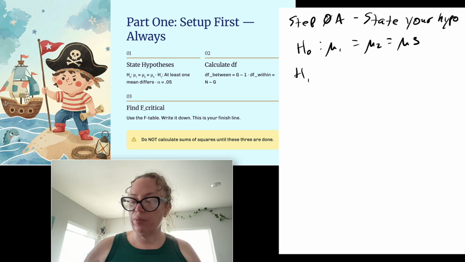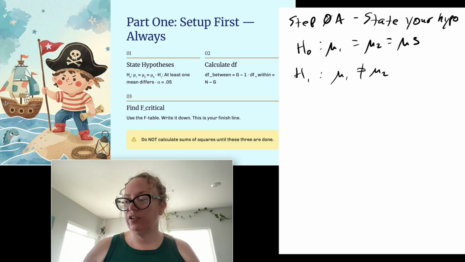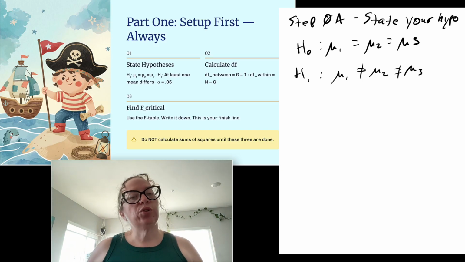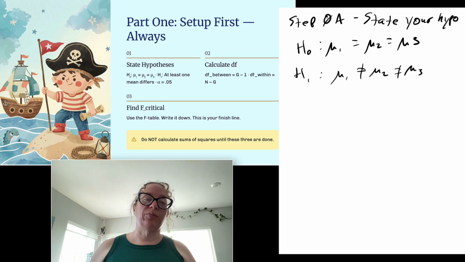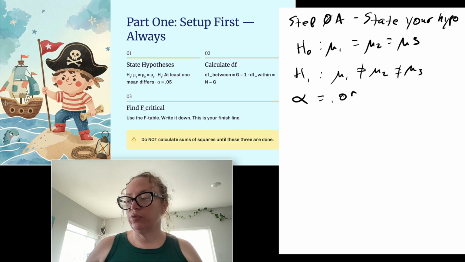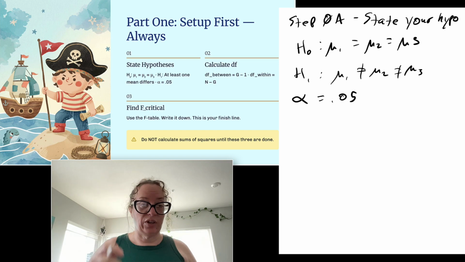And then the alternative hypothesis is at least 1 is different. There's going to be a difference in maybe 1 or maybe all of them. At least 1 is going to be not equal. You don't know which group or in what direction, only that something is different. And then you have to figure out your alpha, but in this class, it's always going to equal 0.05. Always, okay? In this class, no exceptions.